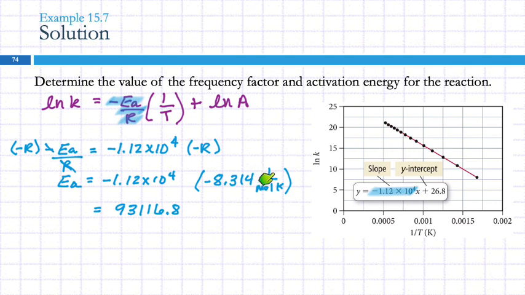So in here we see joules. So this is going to be in joules, maybe something else, but joules, as opposed to kilojoules. This slope, what units does that have? Well, natural log of K has no units. The slope is the difference in Y, which has no units, divided by the difference in X that has units of 1 over K.